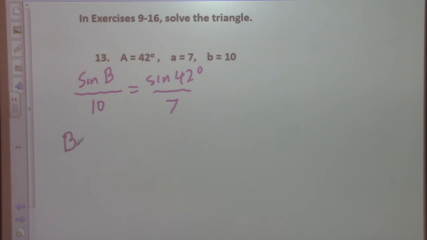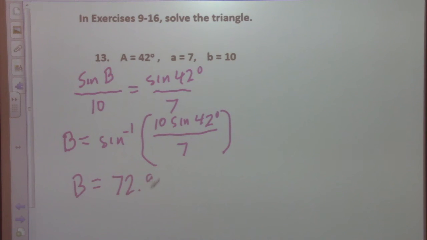So B is equal to inverse sine of 10 sine 42 degrees over 7. So angle B is equal to 72.921 degrees. Okay, so now you have angle B, what's your next strategy going to be?